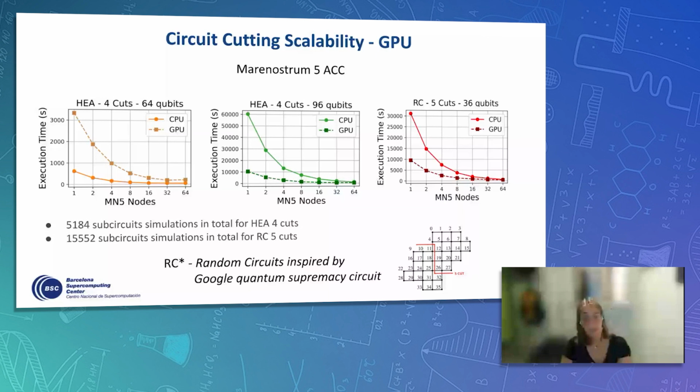When we go to the second case, where the circuits are much bigger, here we have 96 qubits cut into 4 pieces, each piece 28 qubits. We can see that the GPUs take much more advantage here, and it is much faster to do it in GPUs than CPUs. Here we wanted to point out how important it is to know what your resources are and when to send something to CPUs or to GPUs.